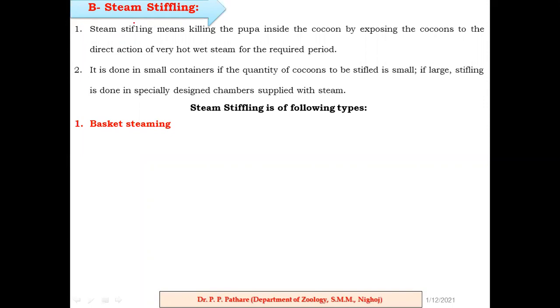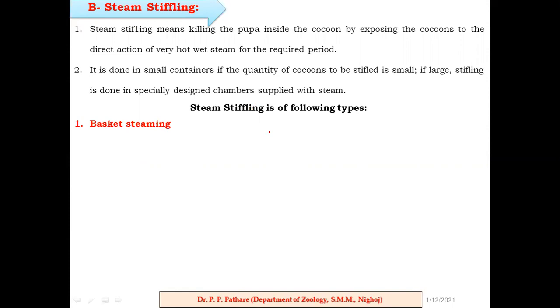If you want to kill the pupa inside the cocoon, at that time we use different types of methods, for example, sun drying, then steam stippling, and the last one, hot air. As per the requirement and availability of equipment, the farmers can choose any one method for cocoon drying.